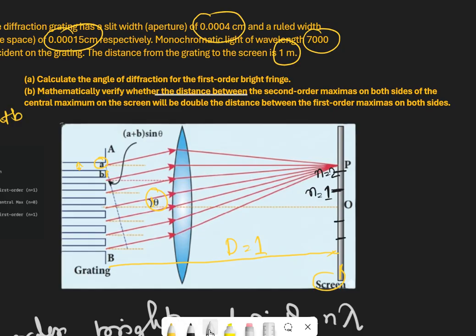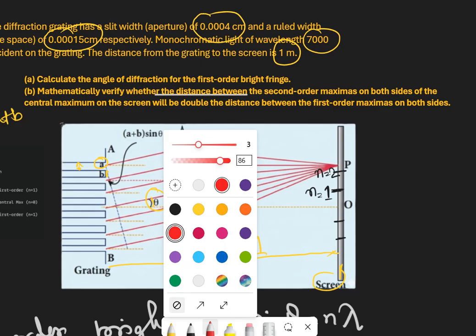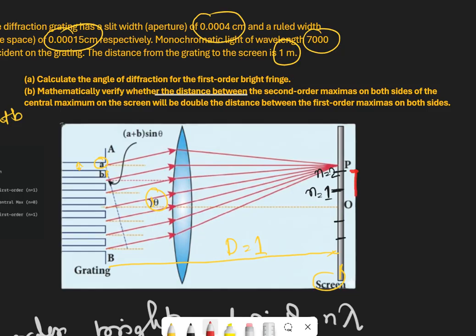Indeed, we could write down the distance from here to here, for both sides, let's say this is x2, and the distance from the central maxima, this dotted line is the central maxima, up to the second order, let's say this is y1, and as it is both sides, it will become x2.